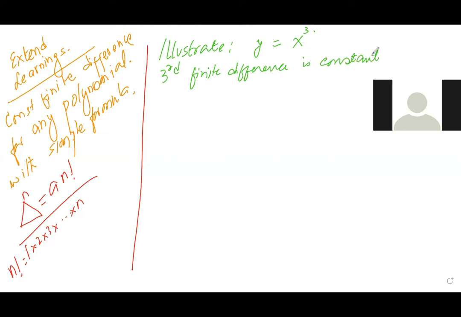Yes, sir. Because it's a cubic equation. And what should be the value? Here a is 1, right? So it'll be 1 times 3 factorial, which is 3 times 2 times 1, which is 6. Do you see that? Six. Yes, sir. Now let's verify our result.